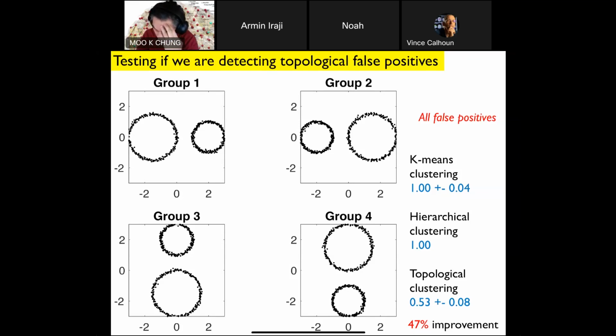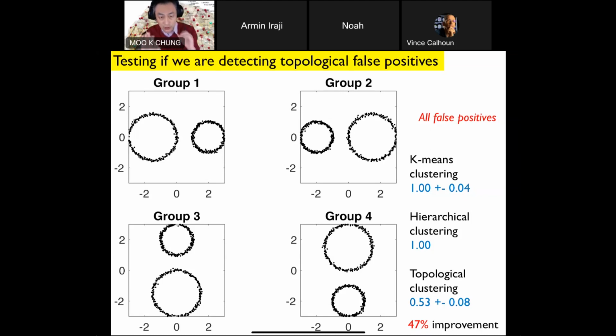Now, this is an example. In this particular example, group 1, group 2, group 3, group 5, you generate some data, and you can see that they are all topologically equivalent. So your clustering should not detect anything. Your clustering algorithm should not cluster them.